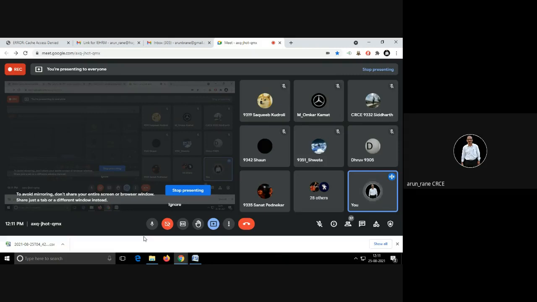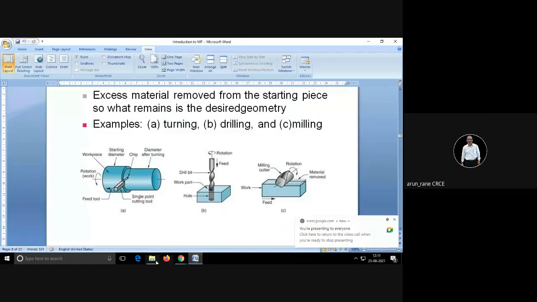What will be the feed rate in millimeter per minute? 20 millimeters per minute. Yes, correct, it will be 20 millimeter per minute. Very good. All of you agree? Yes, sir. Since numericals are based on these formulas, I thought I would ask you this question.